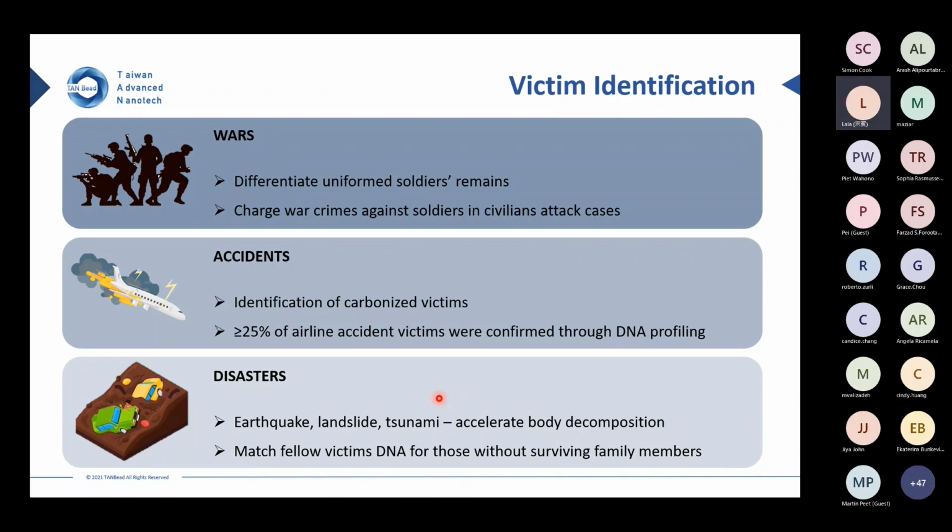And especially if it affected a large area, then we might have to match the DNA of fellow victims because there might be no surviving family members that would come to claim their bodies. So we might have to match their DNA and written records, probably like residential ownership records, in order to identify who these victims are.